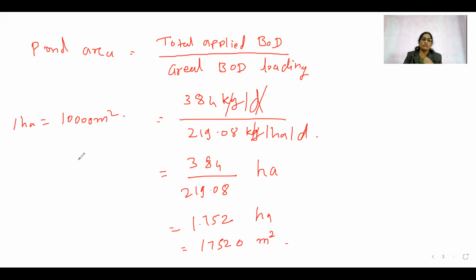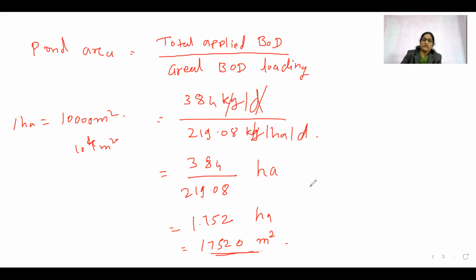It's 10 raised to 4. 1 hectare is equal to 10 raised to 4 meters square. Is that right? Can someone correct me if I am wrong? So I will write it in another form, 17520 meters square. That will be your pond area.